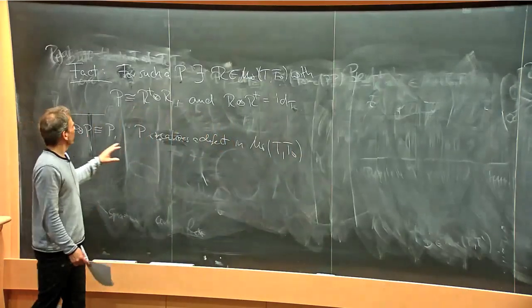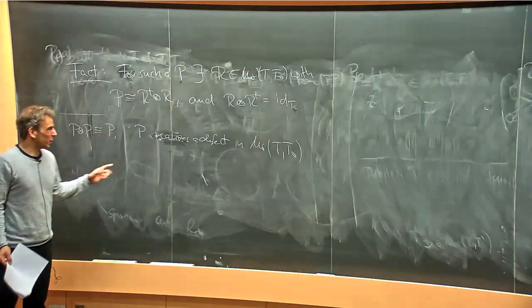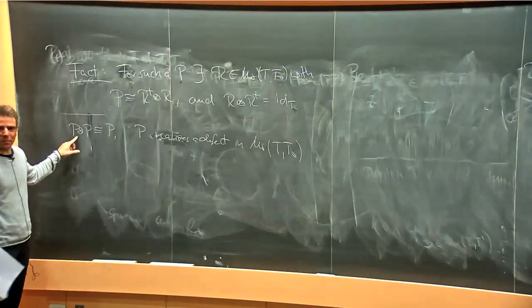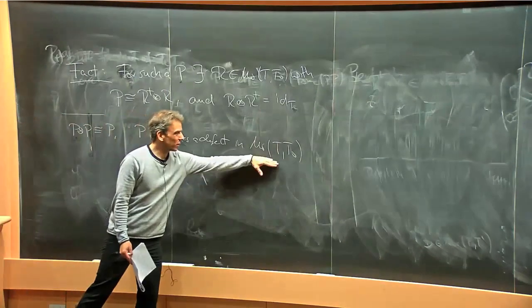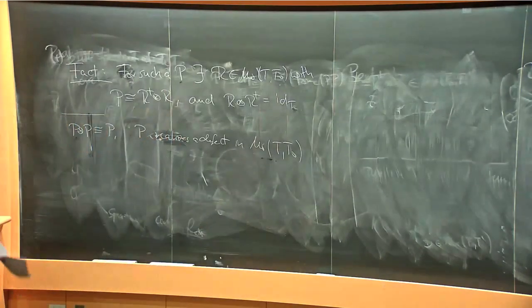So the defects in the simple theory, which had the property that P times these defects were P's, could already be used to describe defects in this theory.